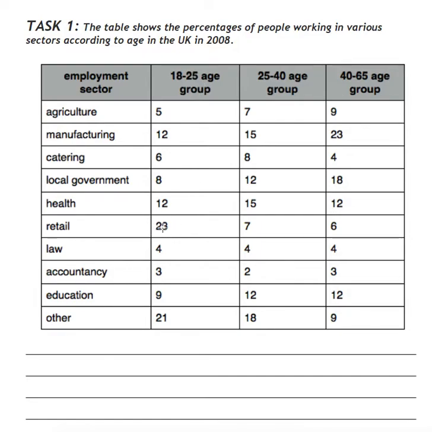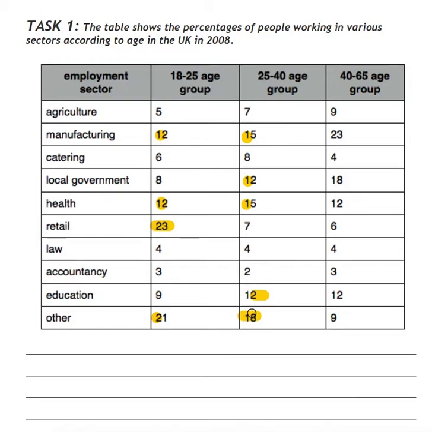Look at that 23 right there. We definitely need to mention that. This one here and 21 down there. Those 4 for sure. And then 25 to 40, we need to probably mention 15, 18, 12. Everything else is not that important.